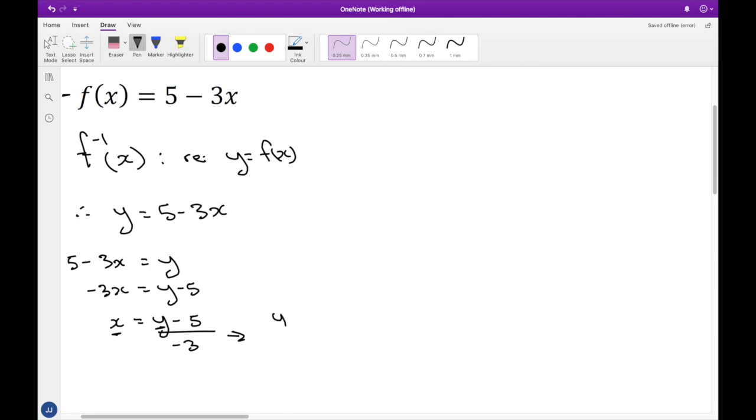So therefore, y is equal to (x minus 5) all over negative 3. Hence, the f inverse of x will be equal to (x minus 5) divided by negative 3. So that is how you find the inverse of a function.